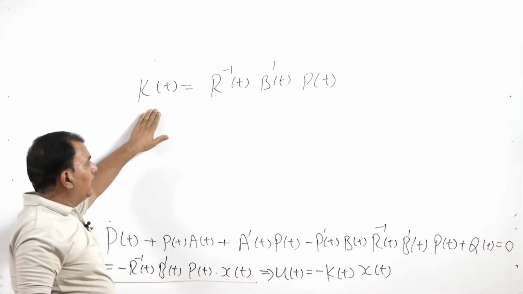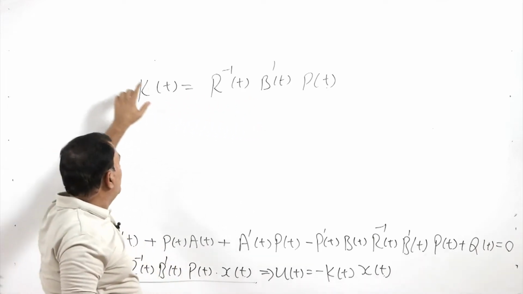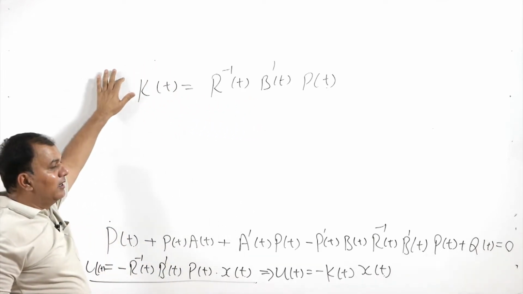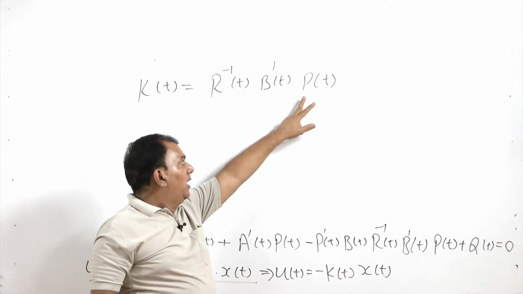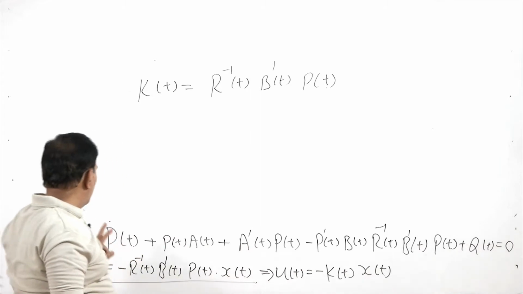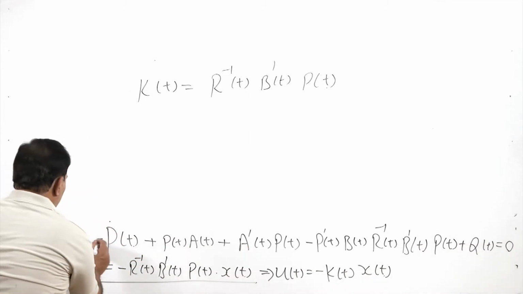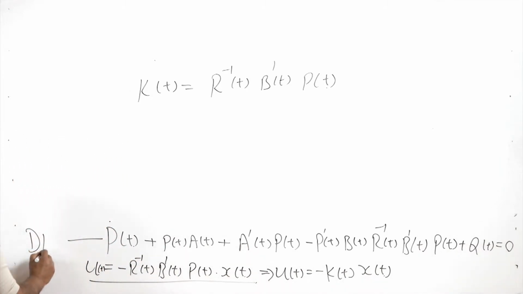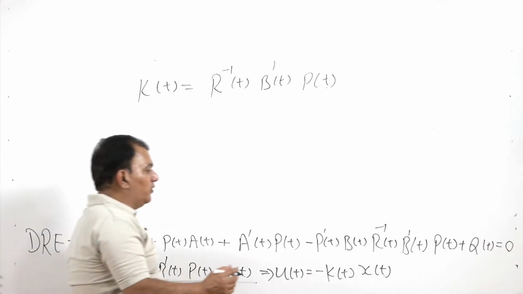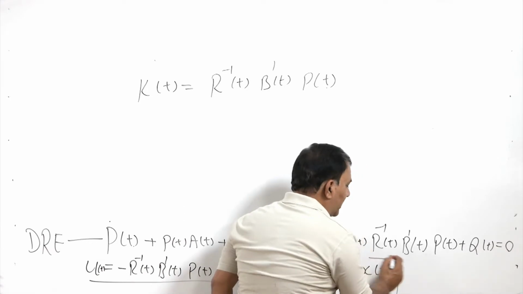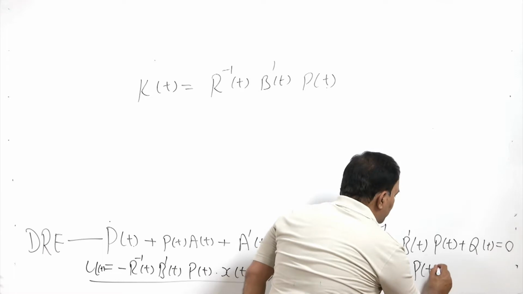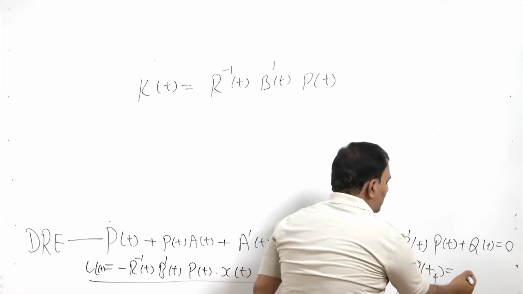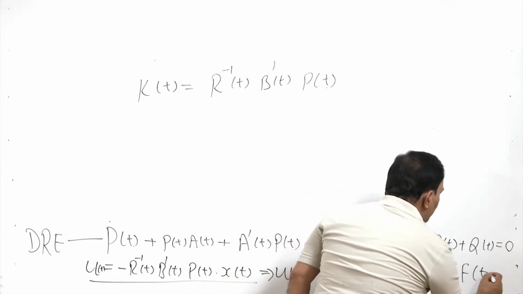So, for a linear quadratic regulator system, I have to find the value of K(t), which is R inverse B transpose P(t), and P(t) is nothing but the solution of my differential Riccati equation, DRE, and this DRE can be solved using the final condition P(tf) equal to F(tf).